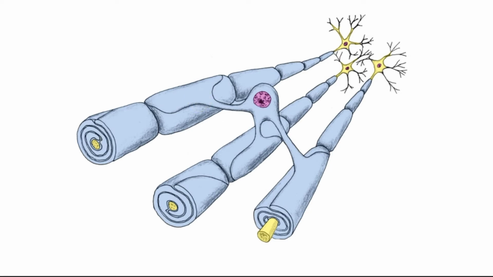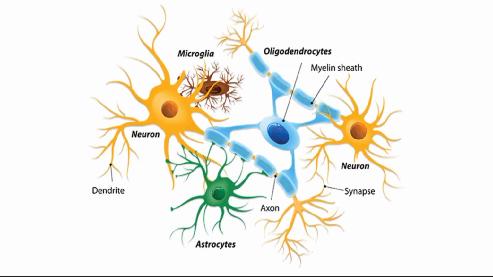Oligodendrocytes isolate neighboring axons from each other, and also they are necessary for the conduction of impulses through their axons in the CNS. So they provide formation of myelin in the CNS. It's their main function. And also they participate in the nutrition of neurons. It's another function of oligodendrocytes.